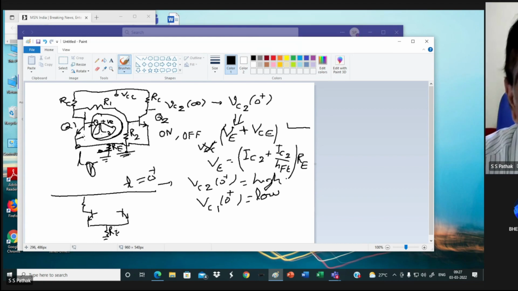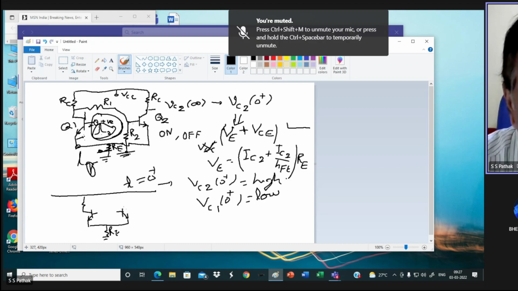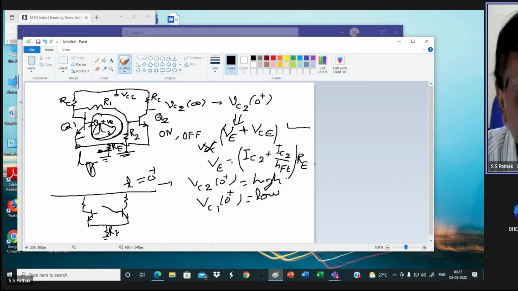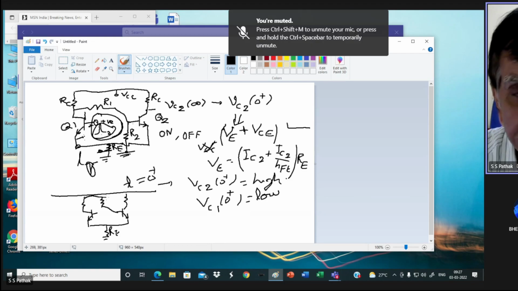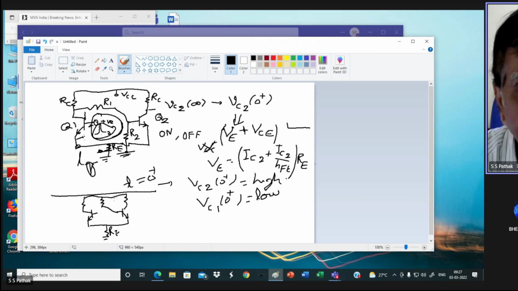And this base, as usual, in the collector coupled case, will be connected to a positive supply, not to a negative supply, not to the ground, as in the collector coupled case I have made. So this becomes your R. Okay, this is your RE, this is your RC.